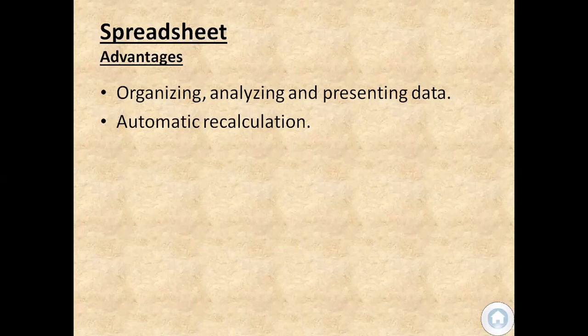When we work with some formulas and change some constant values, then dependent values automatically change at that time. This feature is called automatic recalculation. So automatic recalculation helps the user to change data and it will automatically change the dependent values. So calculation is very easy with spreadsheet.